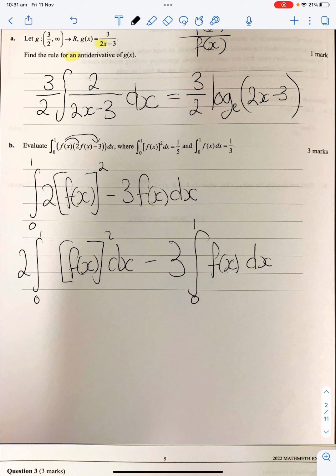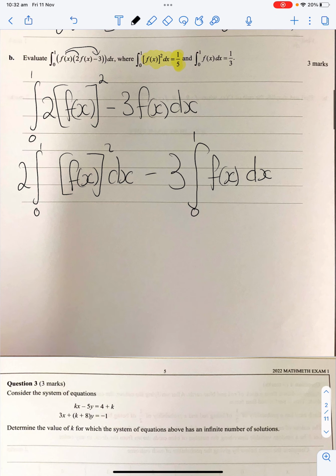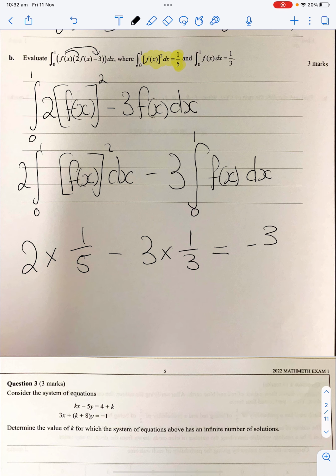And now I'll substitute these in. So the first one we've got f of x all squared is 1/5, and then f of x is 1/3. So 2 times 1/5 minus 3 times 1/3. So 2/5 minus 1, negative 3/5.